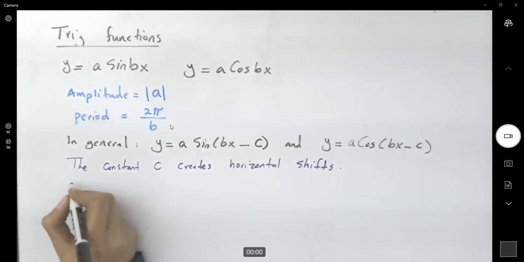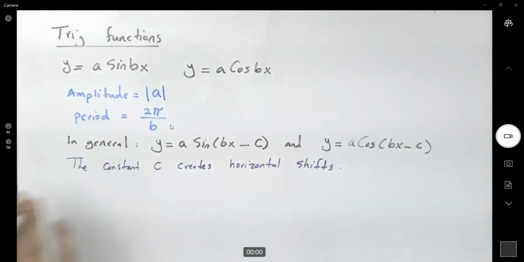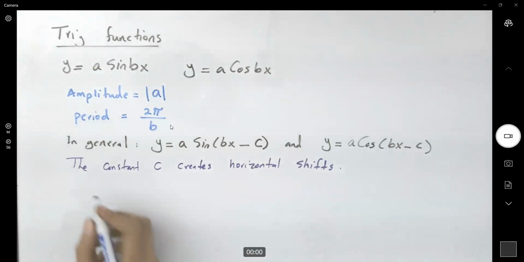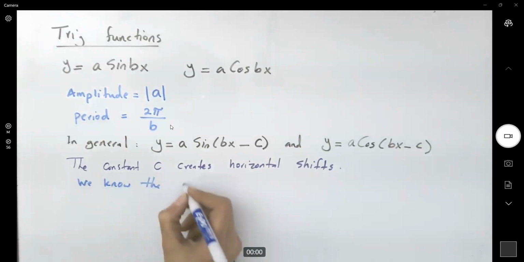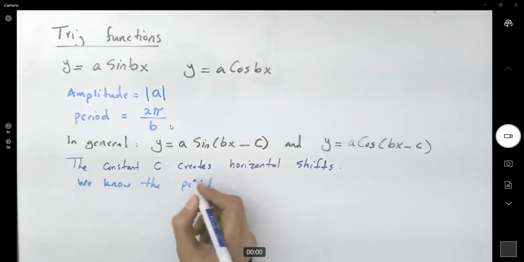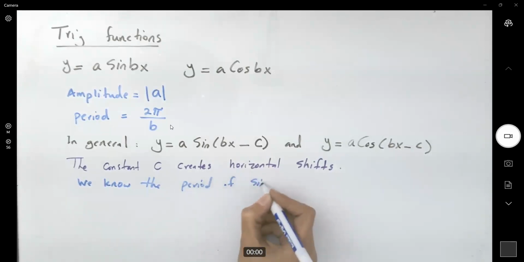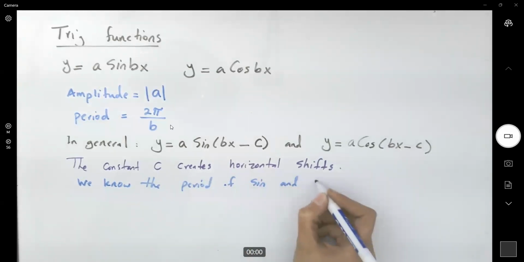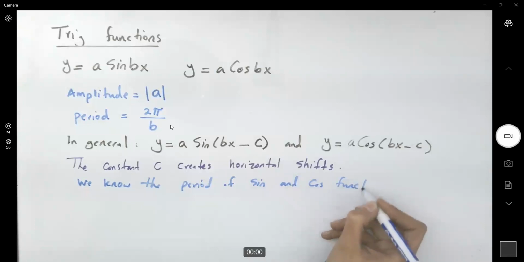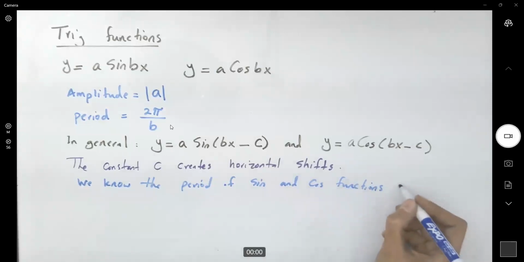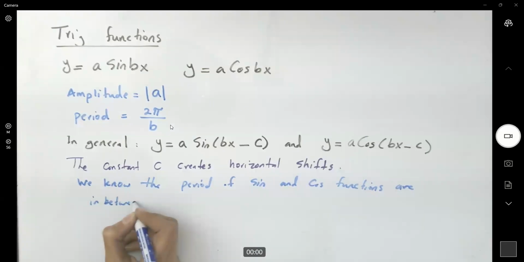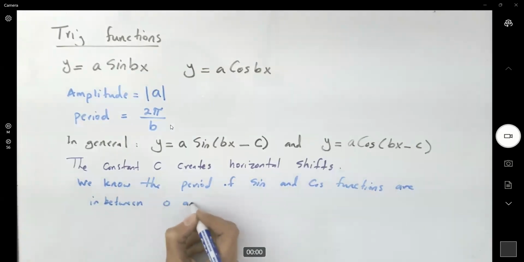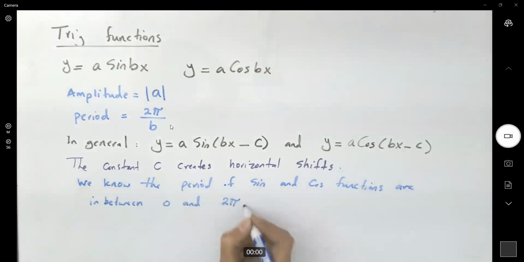We know that the period of sine and cosine functions are in between 0 and 2 pi.